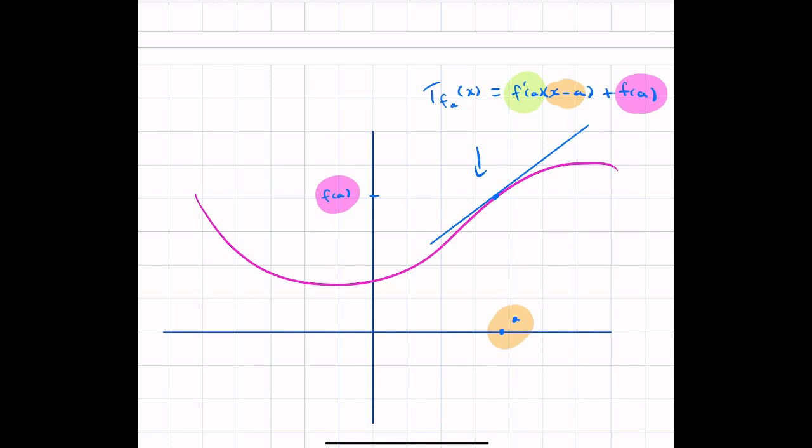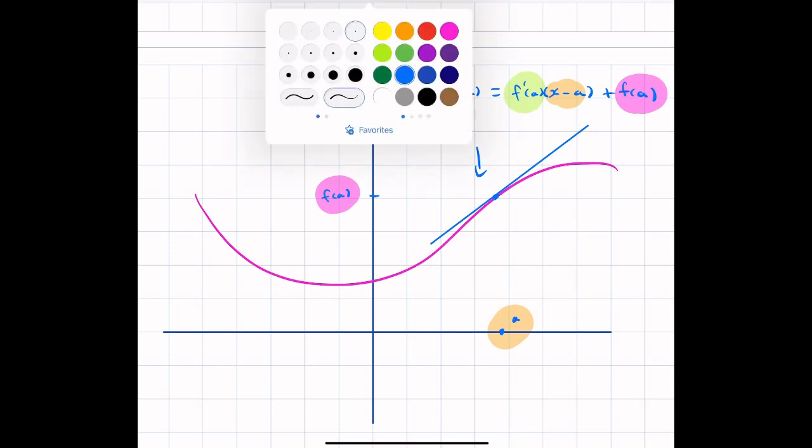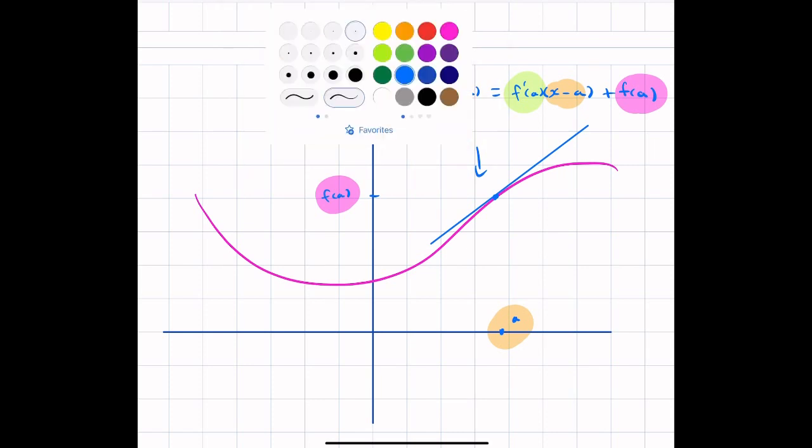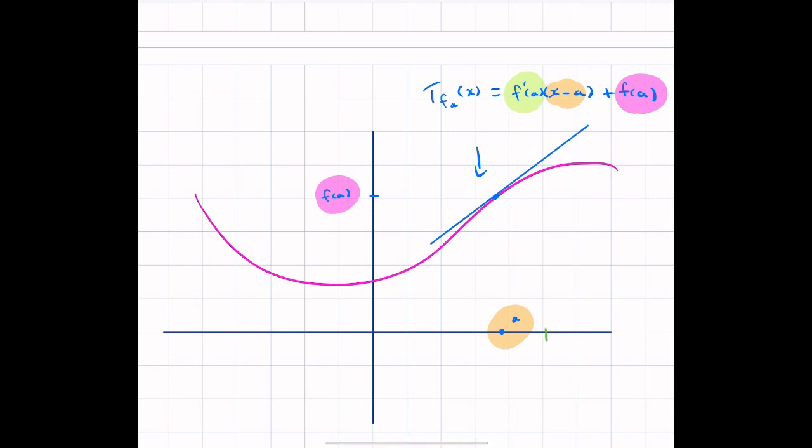So what we're doing with this problem is saying, because the graph flattens out against the tangent line really close to there, if I go a little bit to either side of A, to the right or to the left, so I go to here, this is A plus h, and I go up to this point, this is f of A plus h.